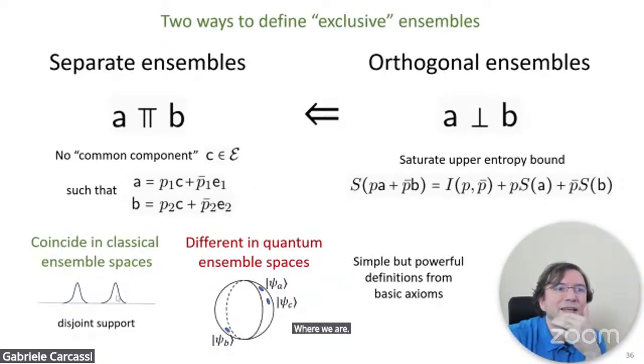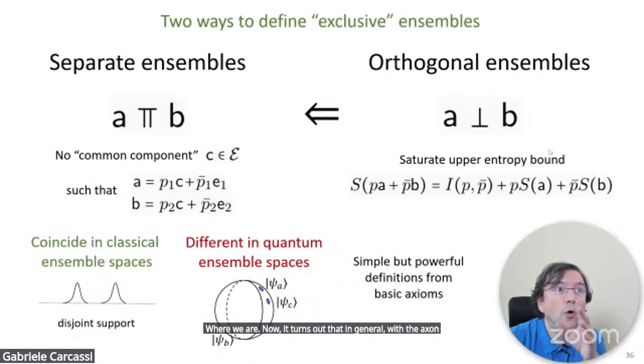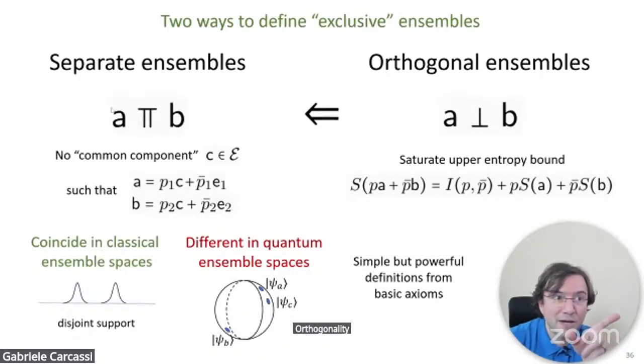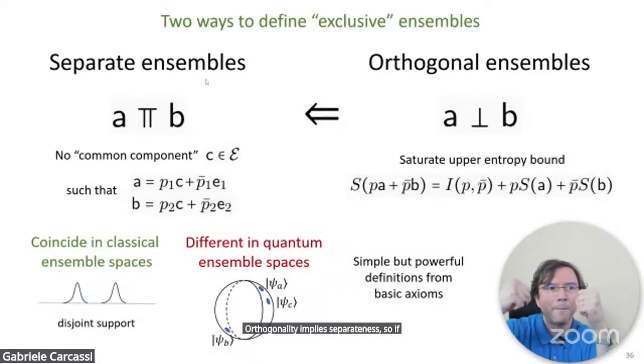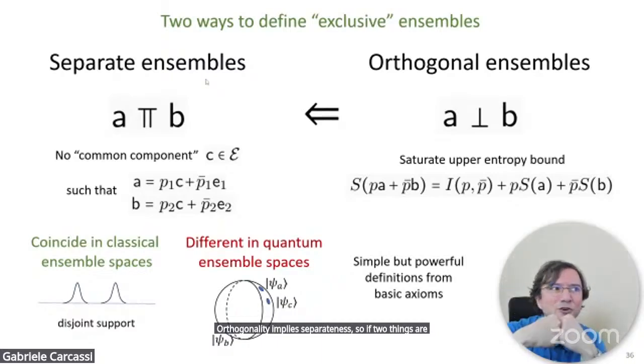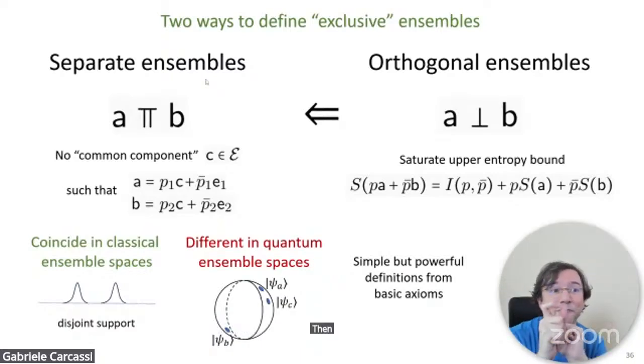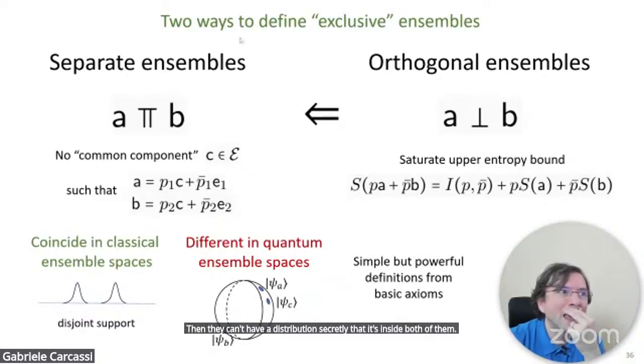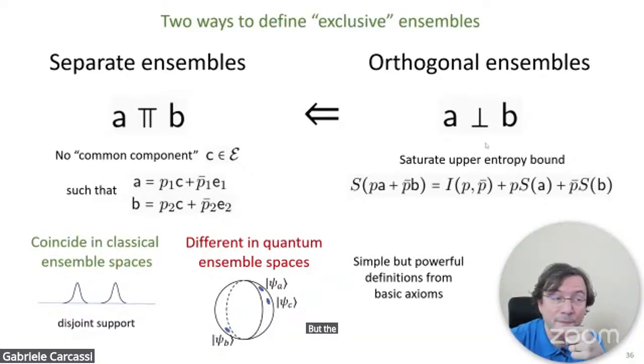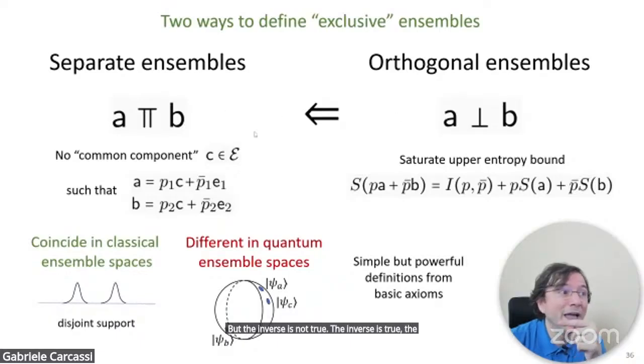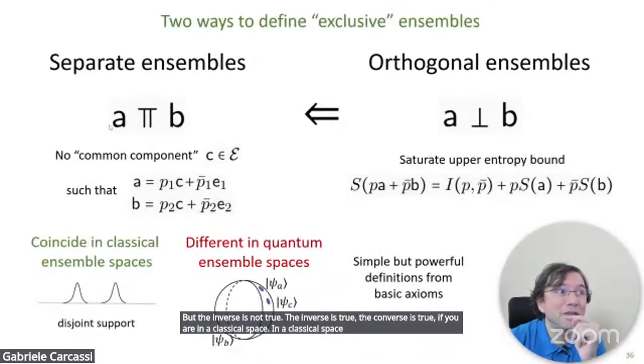Now, it turns out that in general, with the axiom that we have, orthogonality implies separateness. So if 2 things maximally increase the entropy, then they can't have a distribution secretly inside both of them. But the converse is not true. The converse is true if you are in a classical space: in a classical space, if 2 things are separate, they are also orthogonal.